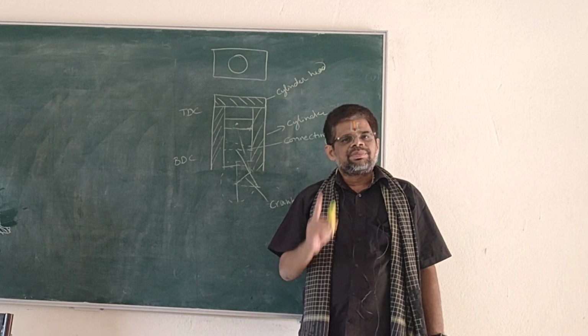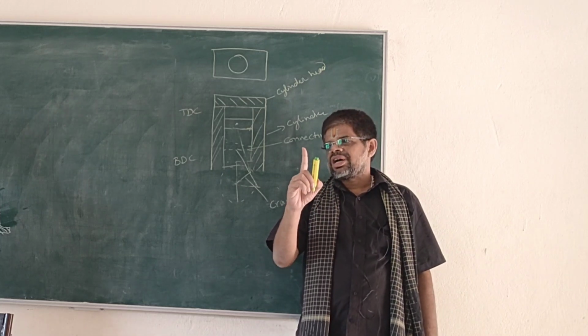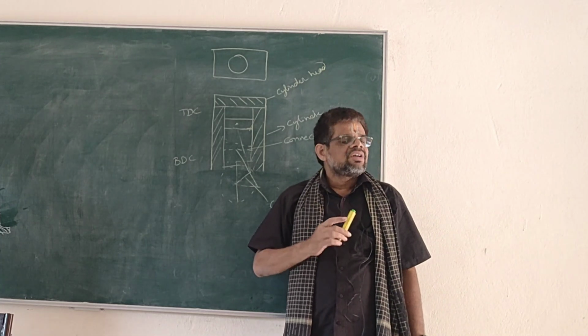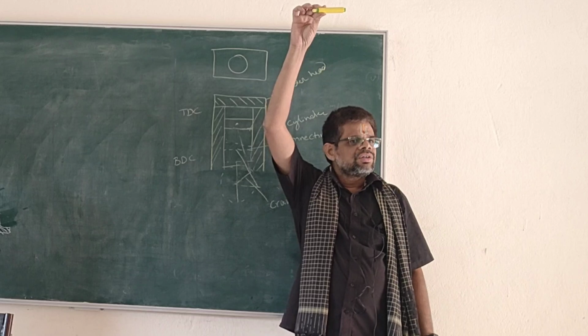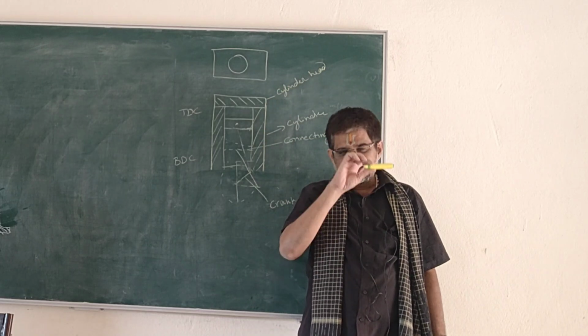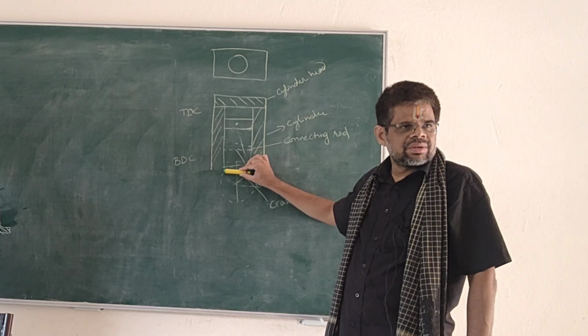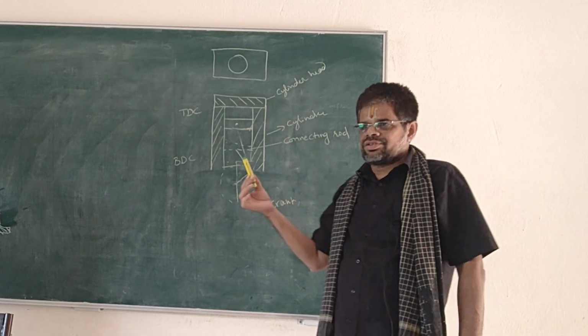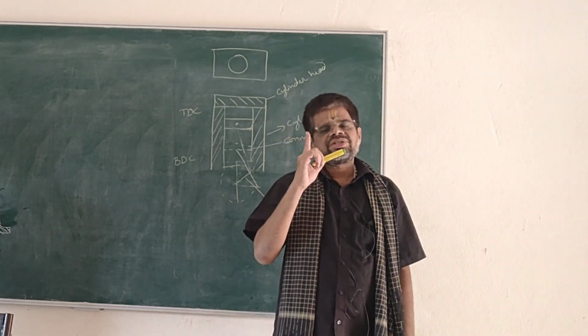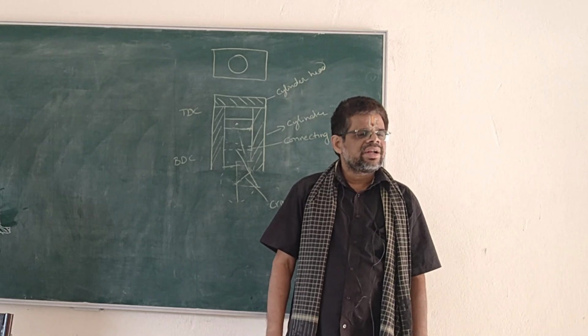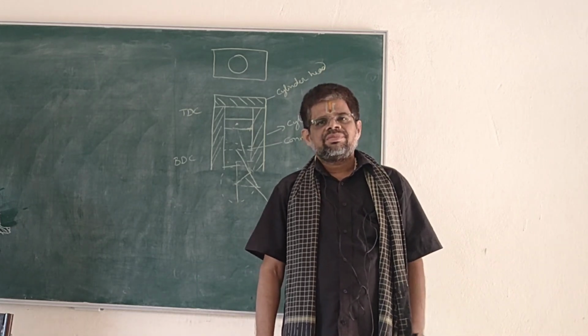So it completes one complete revolution of 360 degrees when the piston makes 2 strokes. Here a stroke means from top to bottom is 1 stroke, and again from bottom to top is another stroke. So 1 revolution of the crank is completed with 2 strokes of the piston.